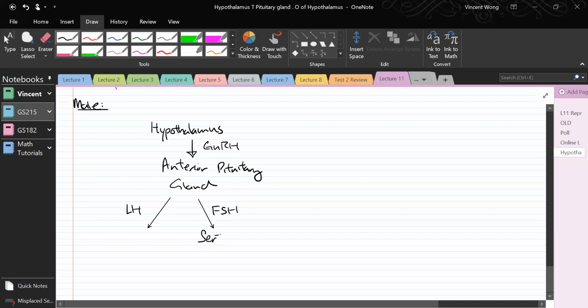So Sertoli cells support and facilitate spermatogenesis.